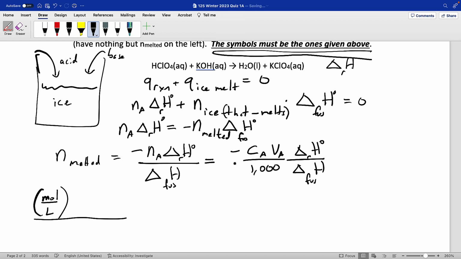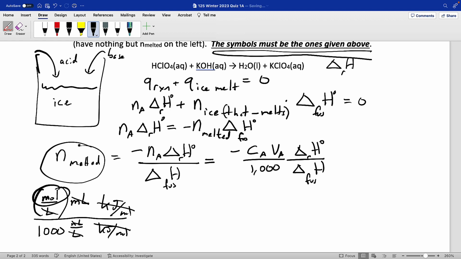I've got mils, and then I have 1,000 mils for every liter. That's 1,000 down there. And then I've got the heat of fusion, that's in kilojoules, down here. So heat of fusion is kilojoules per mole, heat of reaction kilojoules per mole. So these cancel, my mils cancel, my liters cancel, and I'm left with units of moles, and that's what I wanted. We're not done yet though.